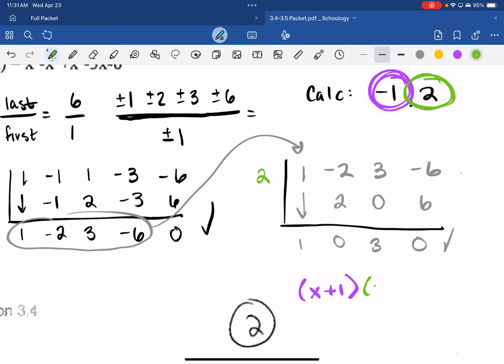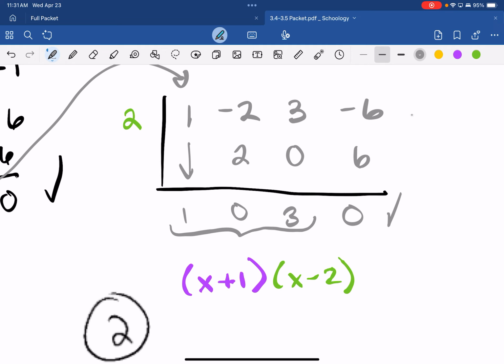The 2 is x minus 2. And then this last part, what you found, is my last factor. Okay, so this would be an x squared plus 3. Okay, that's how we would rewrite that final answer. Okay?